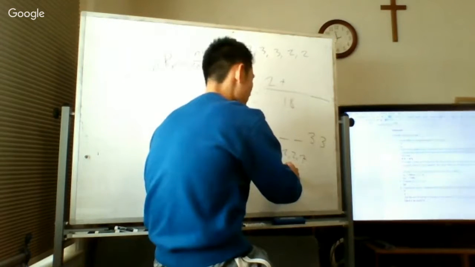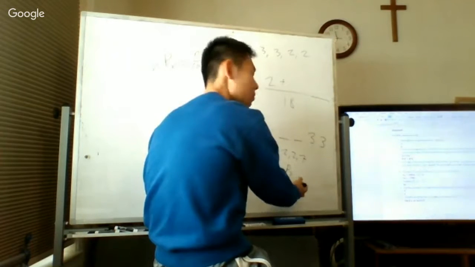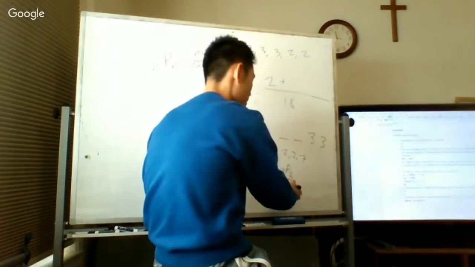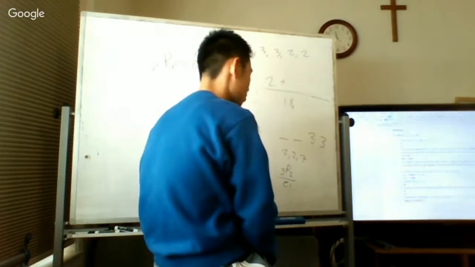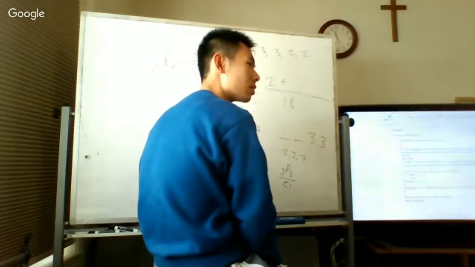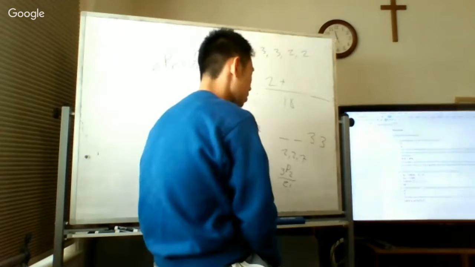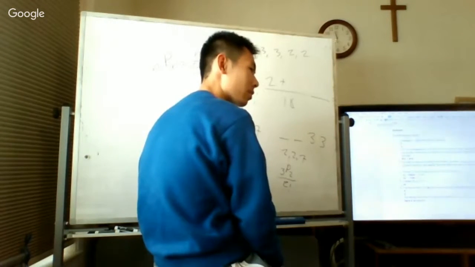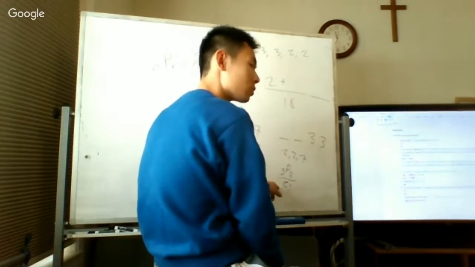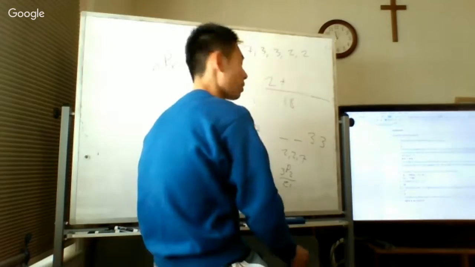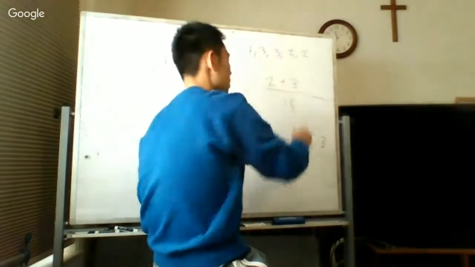Oh, okay. 3p2, yeah, right? Over 2 factorial. So what's that going to be? 3p2 is 3 factorial over 1 factorial, so 6 over 2, which is 3. Yeah. That's our answer.